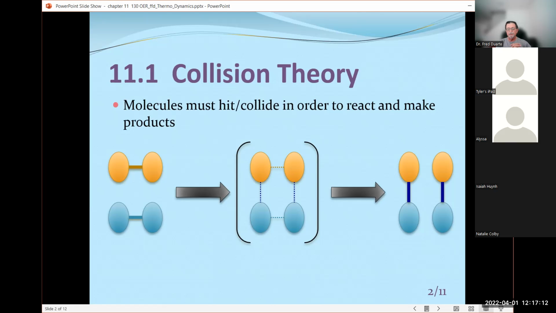There are a lot of things that need to come together to get a reaction to go from point A to point B. For example, we have this reaction where two diatomic molecules are coming together.